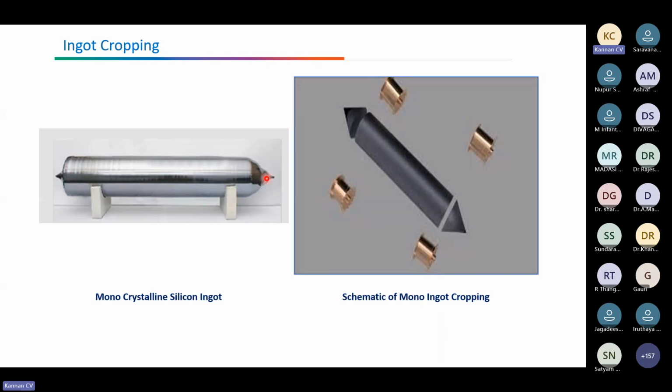The tail part and top part we normally slice off, because for any wafer manufacturing we need a certain size. At the top and bottom the diameter may not be uniform, so we cut off this top and bottom portion and utilize the rest, the cylindrical area where the diameter is nearly uniform.